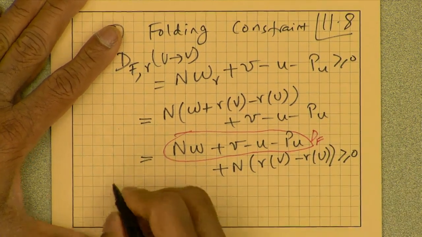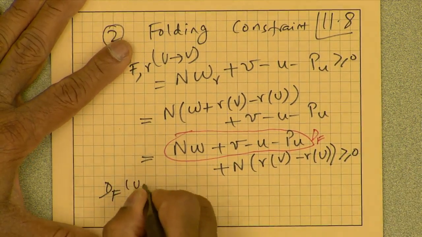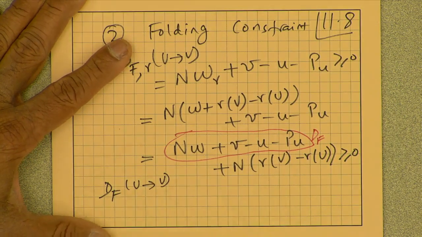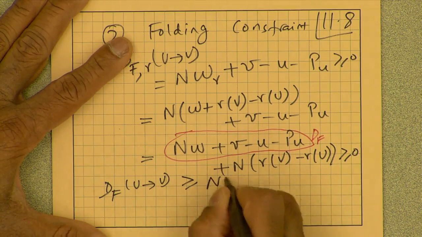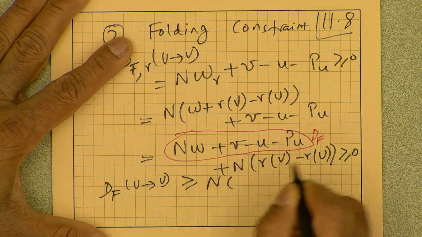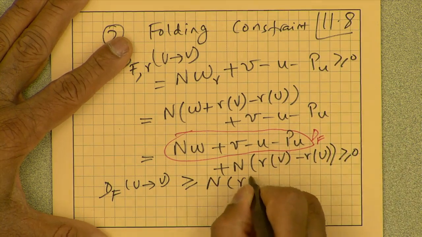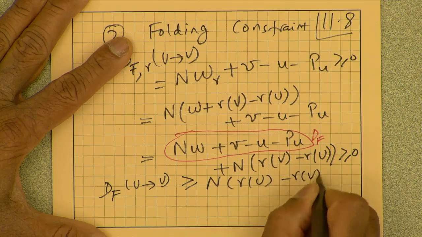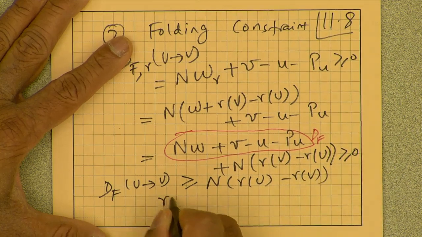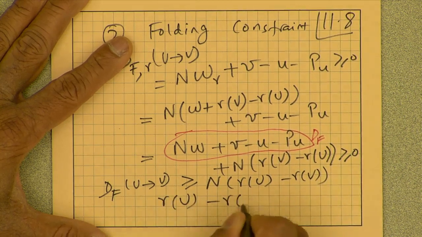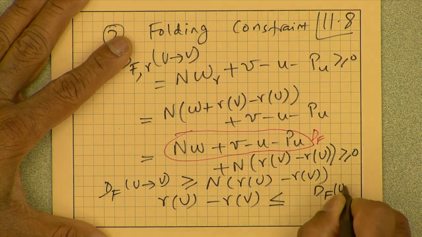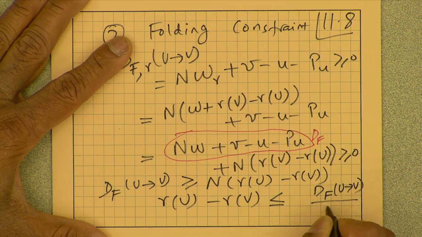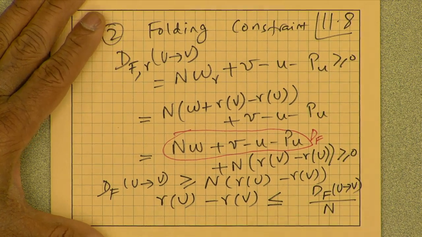So that says that DF(U to V) should be greater than or equal to N times (RU minus RV), which means that RU minus RV should be less than or equal to DF(U to V) divided by N.